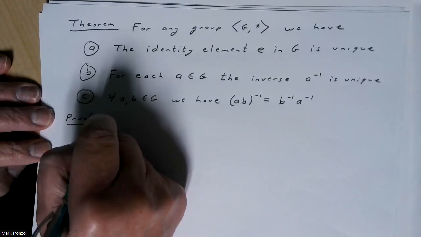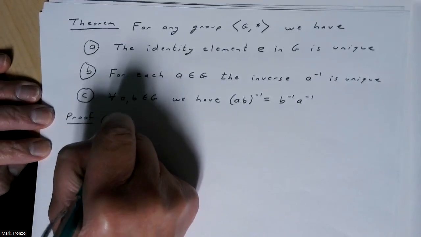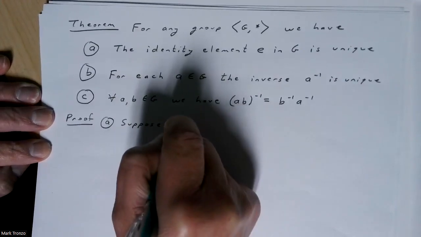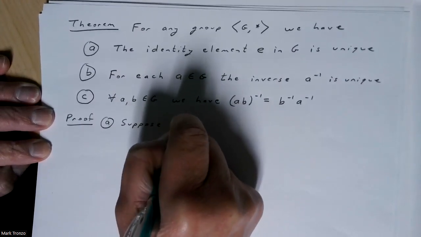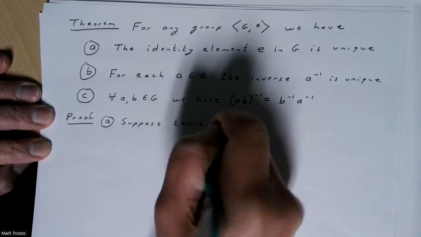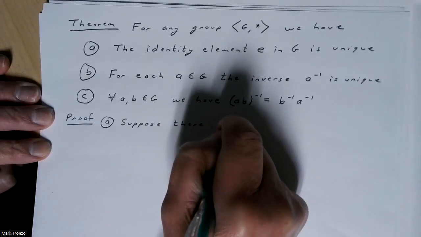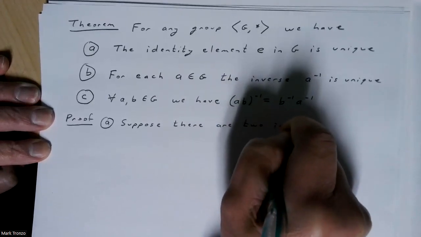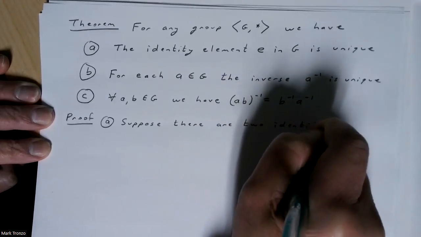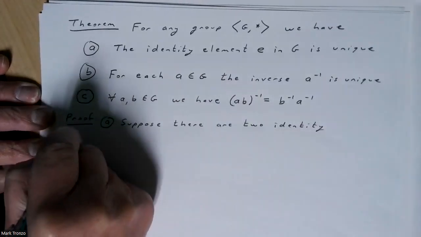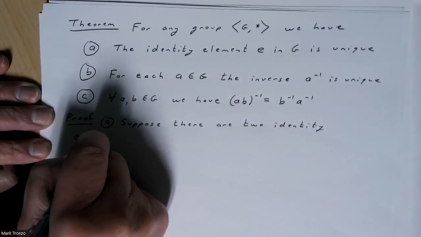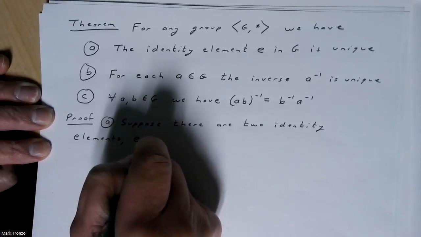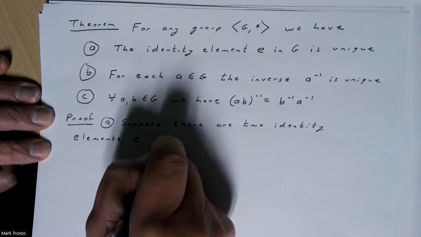So in this one here, suppose there are two identity elements, and let's call them E1 and E2.